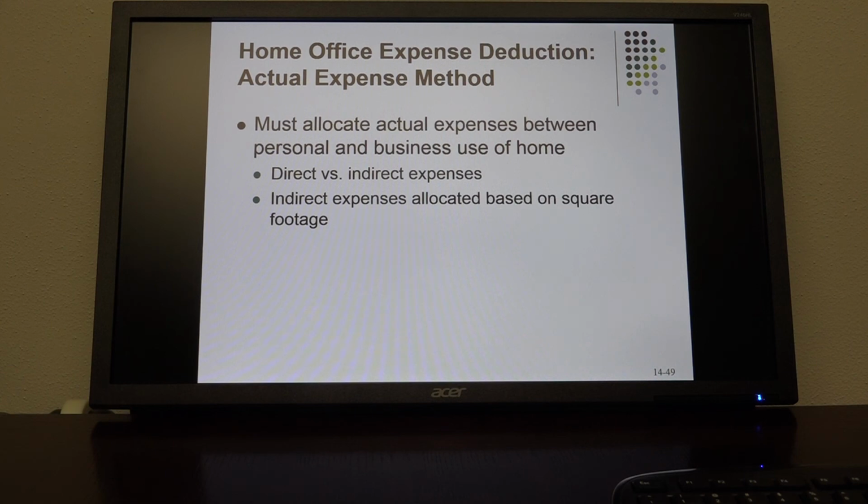Okay, you meet all the requirements. So 20% is used for business use. And you have these expenses. Let's just take one expense. Insurance expense.